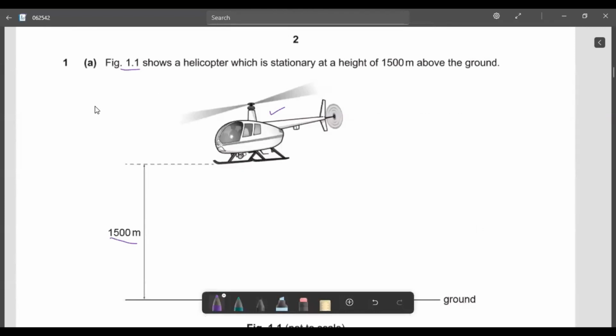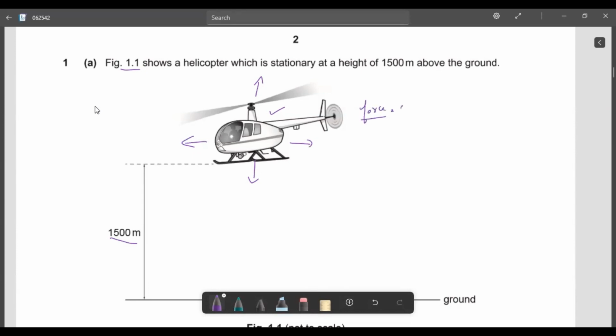Suppose the helicopter is in equilibrium, it means the upward force and the downward force should be equal, and the sum of all horizontal forces acting on the helicopter must be balanced. That means net force must be zero and there should not be any acceleration.